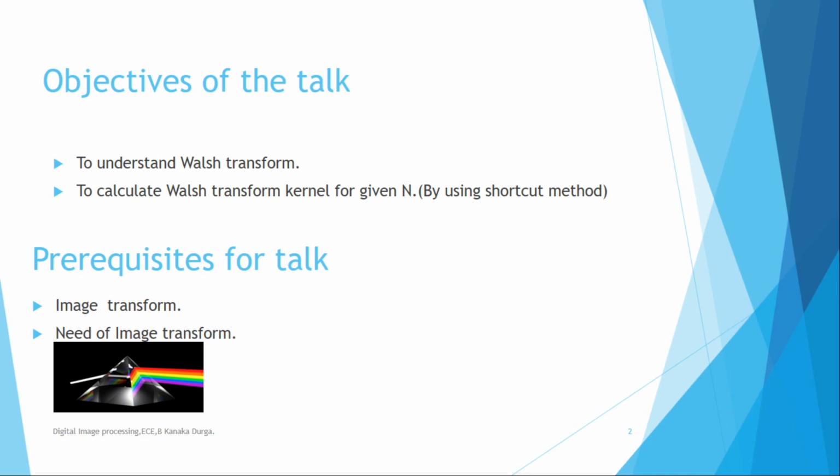I am considering a prism. This prism is exposed to sunlight. When the sunlight falls on this prism, at the opposite end we can observe 7 colors. The sun ray has a single color, but it is a composition of 7 colors. The information is there in the sunlight ray, but we are not able to recognize those colors in the sun rays.